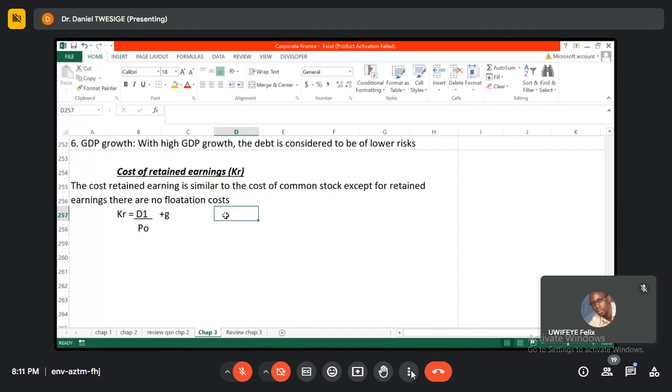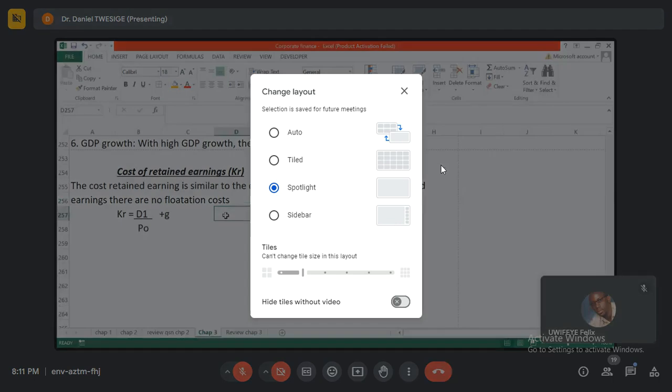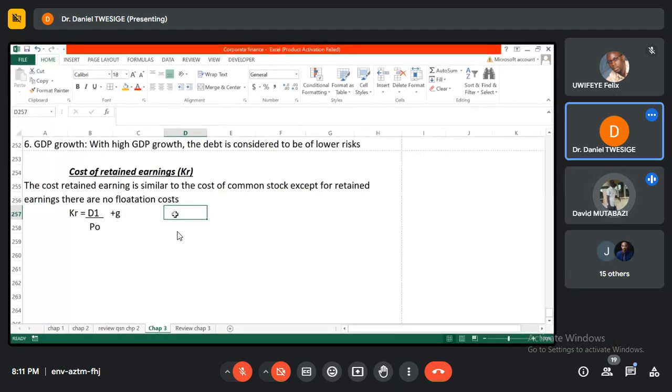Because if you are to invest using retained earnings, it means you're not going to give a dividend to the shareholders. The shareholders are foregoing that dividend they should have got, which is the expected dividend. Meaning that the cost of retained earnings is the alternative of going to the dividends. The shareholders are allowing you to use the retained earnings to invest rather than getting the dividend.